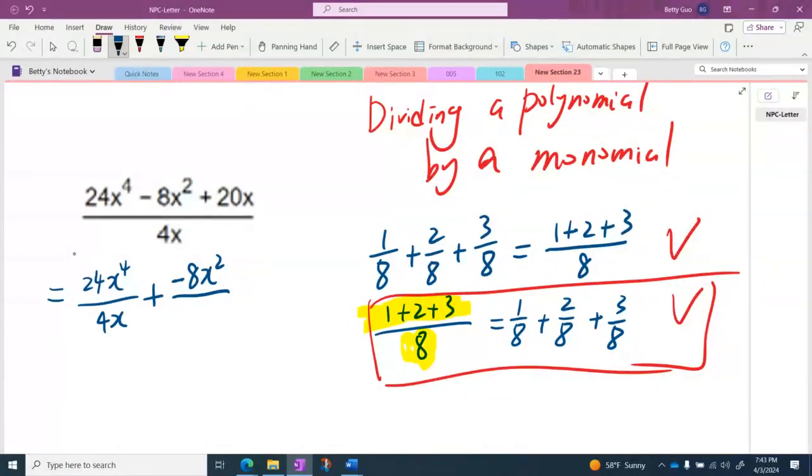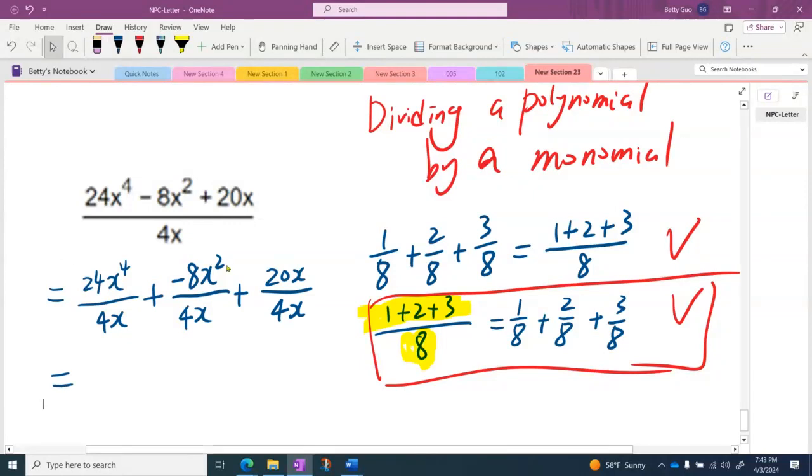You keep it. The second term in the numerator is negative 8x squared divided by the bottom 4x, plus the third term in the numerator, 20x divided by the bottom. We got that by using the rule in the red box.